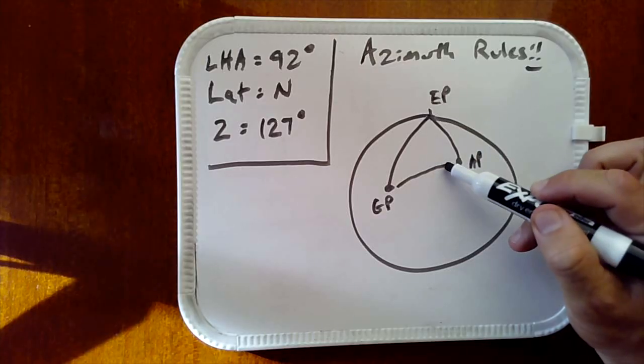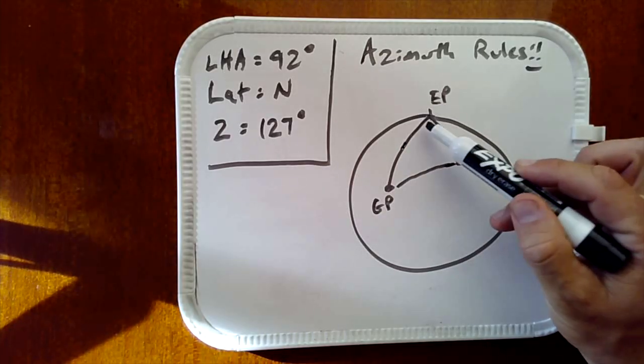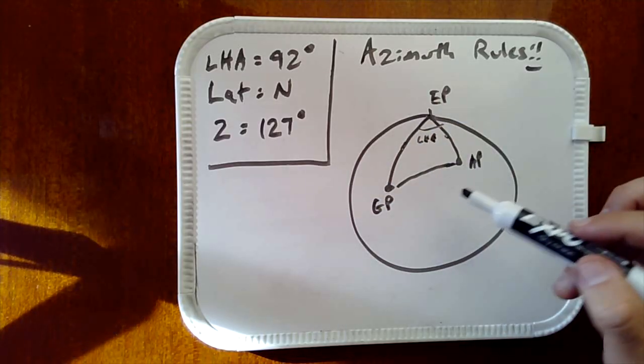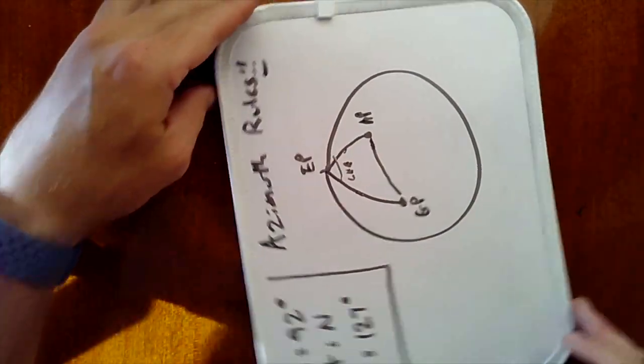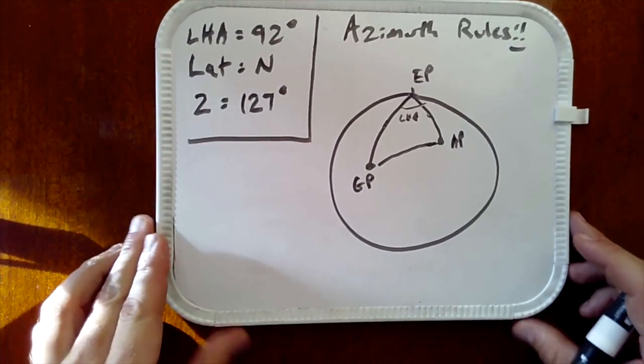So when we solve these celestial triangles, we're giving it 2 sides and an included angle, or LHA, and asking it to solve all the rest of it. But a triangle is the same whether you rotate it or put it in an opposite hemisphere, or invert it in any way. A triangle is still a triangle.